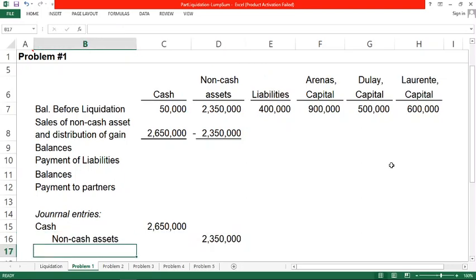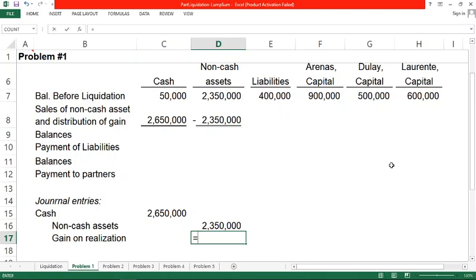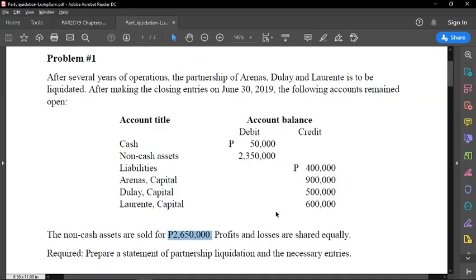And like what you've said, we have this gain on realization in the amount of the difference between 2,650 versus 2,350. So you have this gain of 300,000, which will be distributed equally to the three partners, because profit and losses are shared equally.